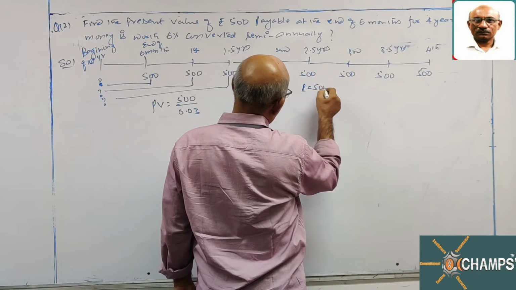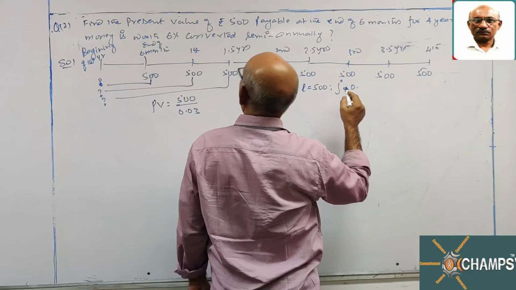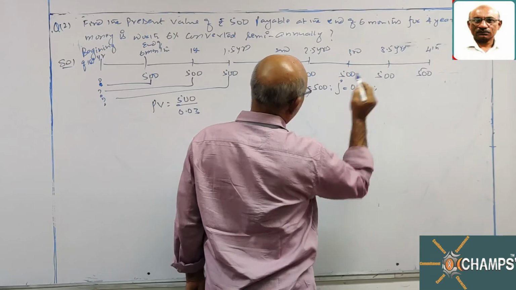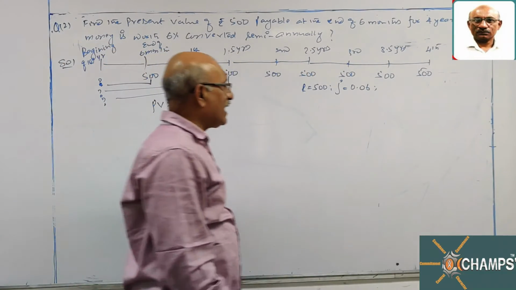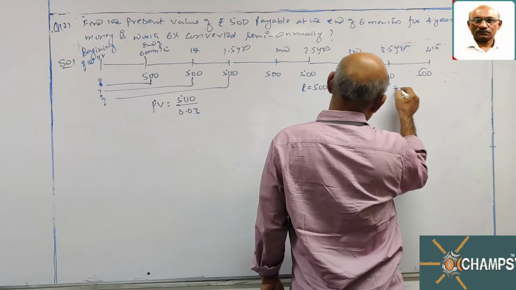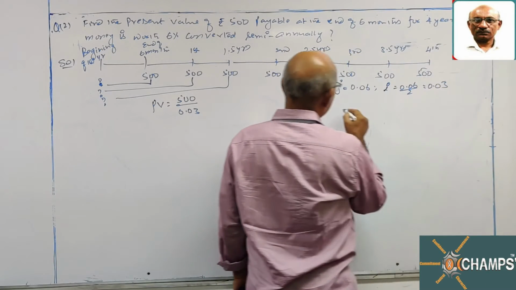R is equal to 500. Nominal rate of interest is 0.06. But the actual rate of interest used for calculations, I is equal to 0.06 by 2, which is 0.03.